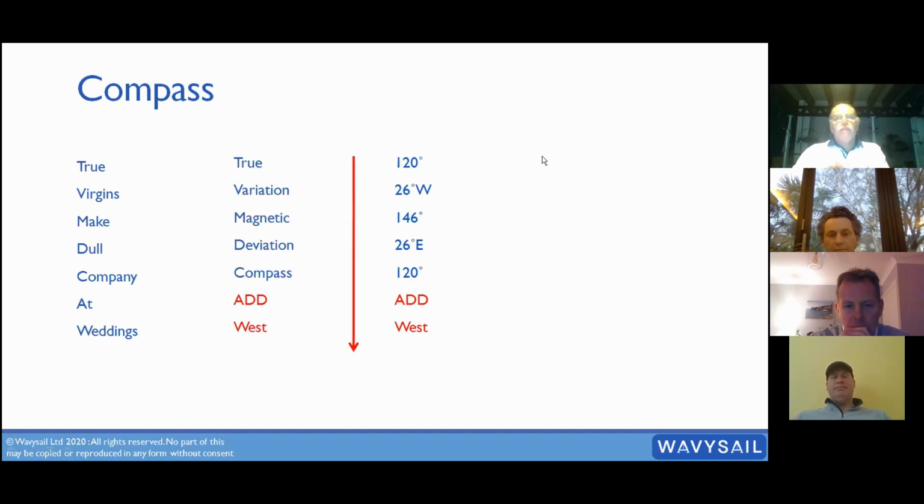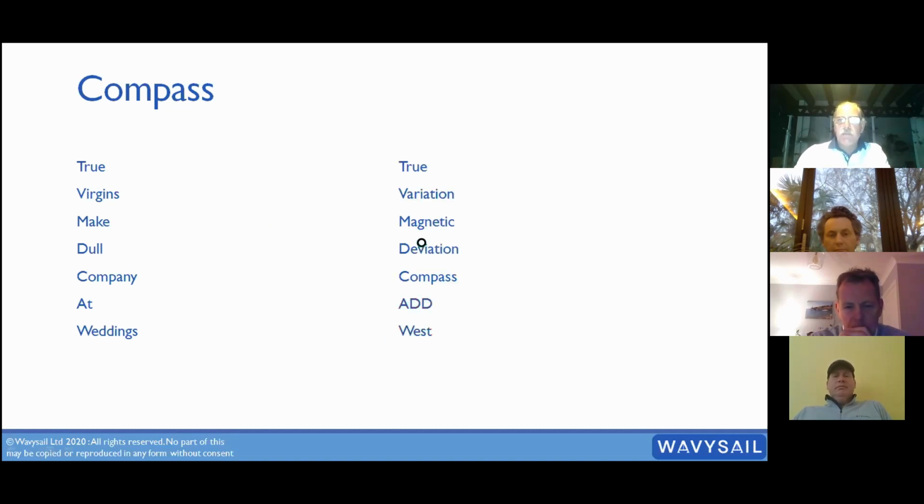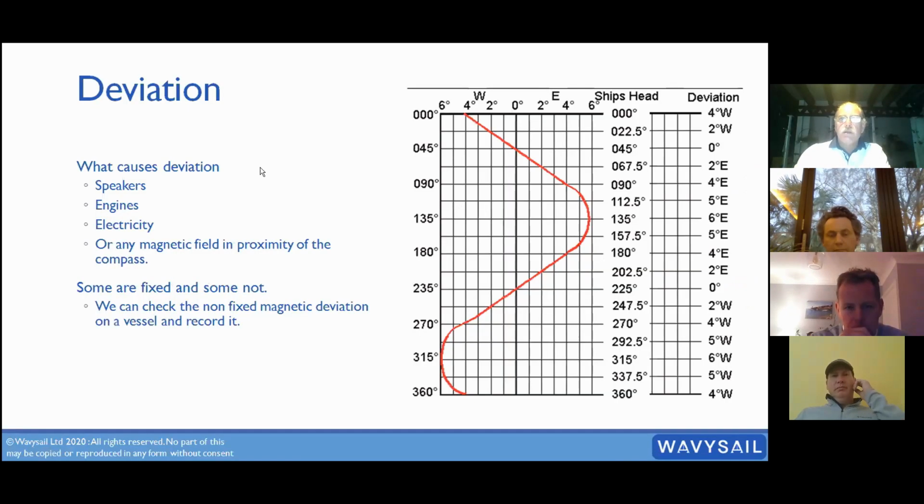Okay. You have a westerly and an easterly variation and deviation. You remember that? I'm going to go back a little bit. There's my deviation card. That's nothing, no deviation. That's a westerly deviation. That's an easterly deviation.